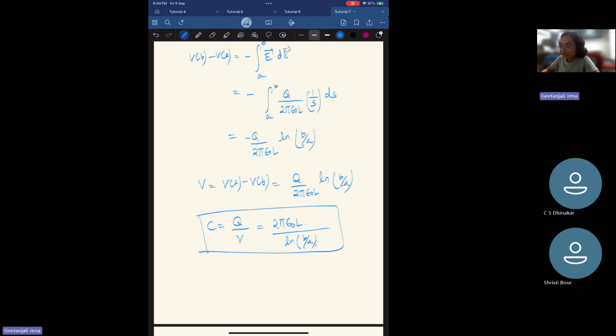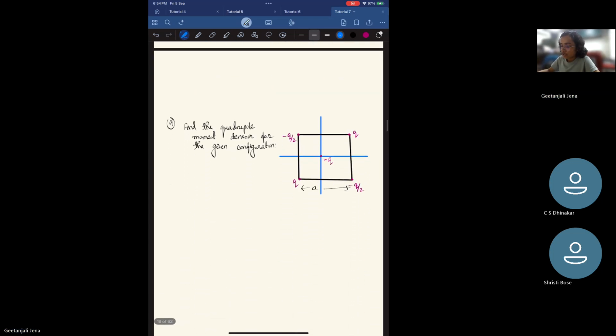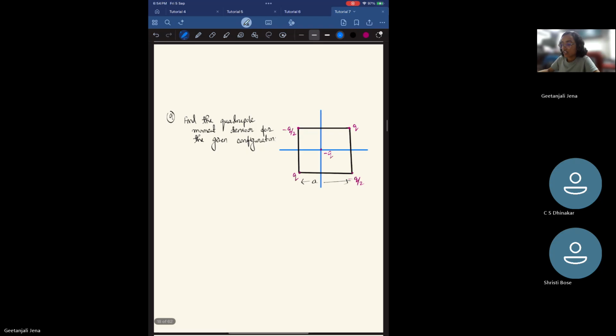Okay, so these two questions are from Griffiths. Now let us see our next problem. For this case, if you recall question number two, we calculated the monopole moment, which was coming 0, and the dipole moment for this case also was coming 0.